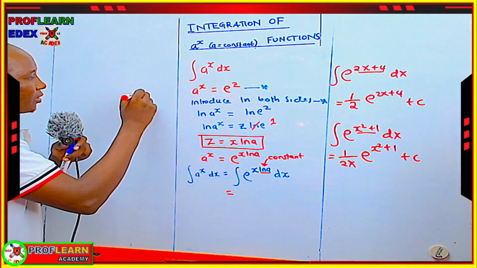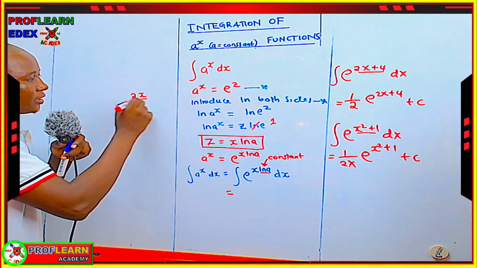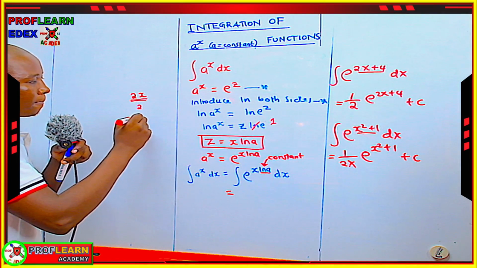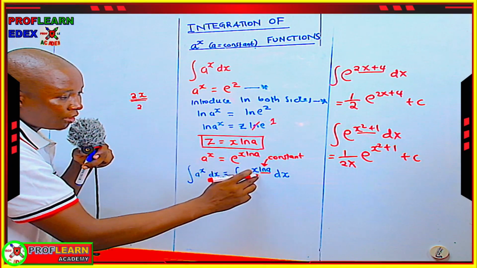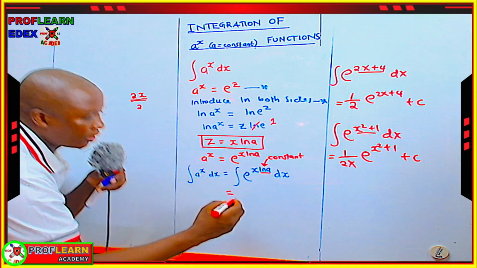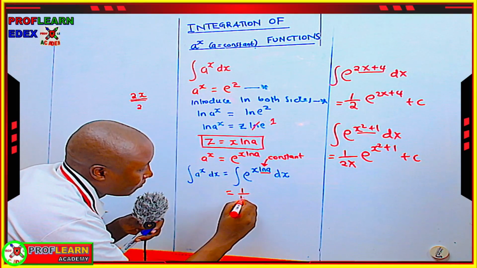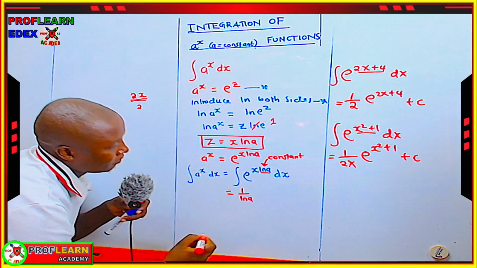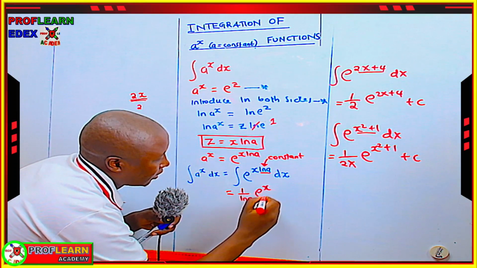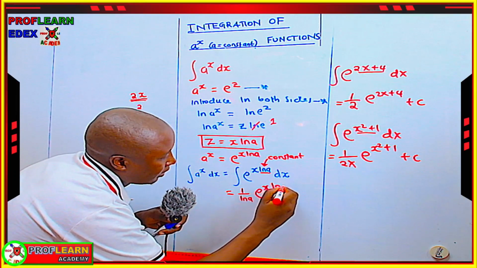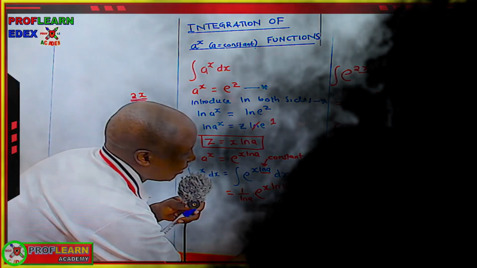If you are having, for instance, e^(2x), you differentiate this, you get 2. So here we have the constant ln a. You differentiate this, you get ln a. So this will be 1 over ln a, then we write the expression the way it was, e^(x ln a), then plus c.